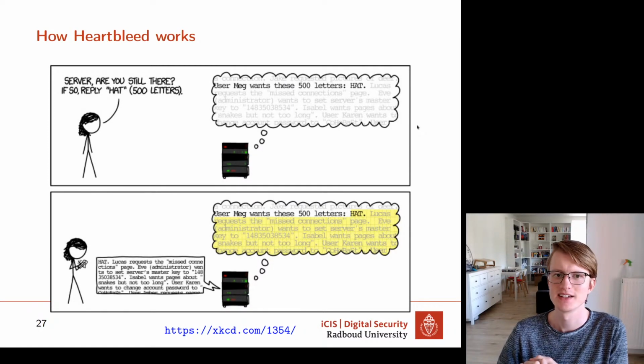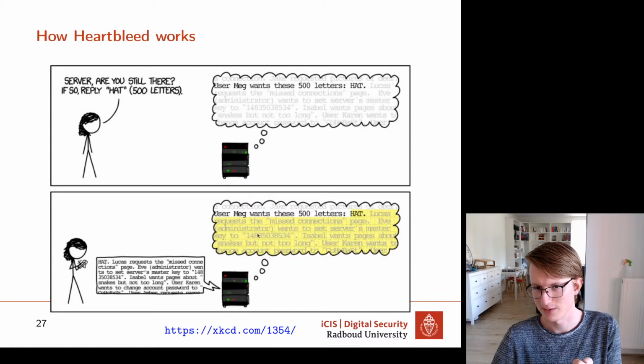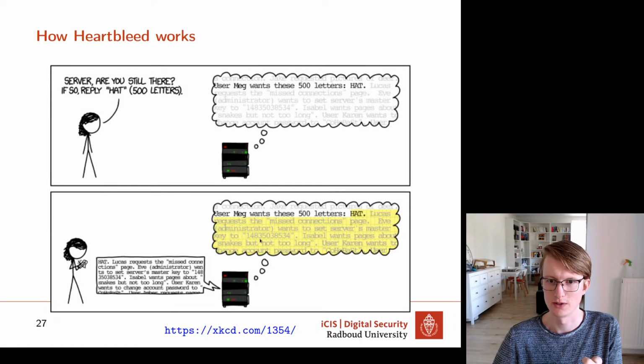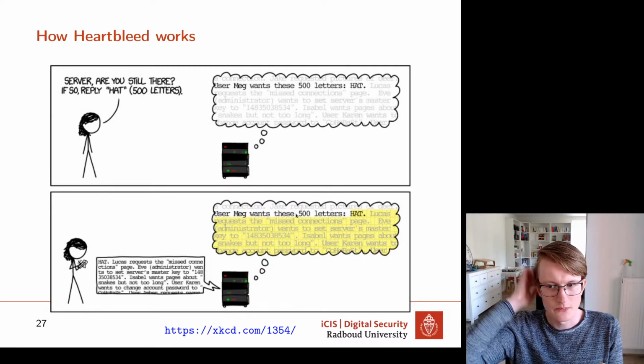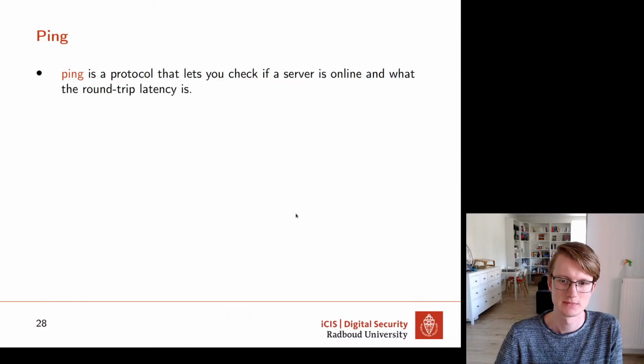Reply with 500 letters. Well, what would happen then is that OpenSSL would just read out everything that followed this buffer in memory. And in this example, you'll see that Eve administrator wants to set server's master key to 14835, etc. Problematic.